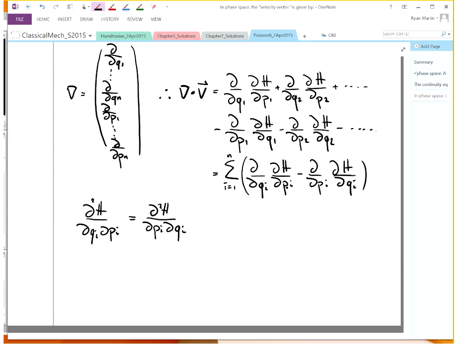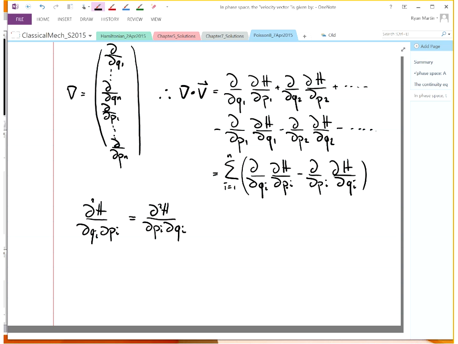Of course, the second order partial derivative doesn't depend on which order I take the partial derivatives. So I already put the equal sign in there. It doesn't matter if I do ∂H/∂pi, then ∂/∂qi of that, or if I do it the other way around: ∂H/∂qi, and then ∂ of that by ∂pi. It commutes, right?